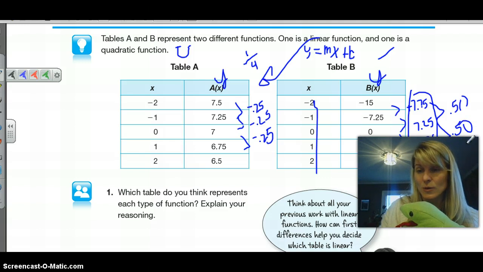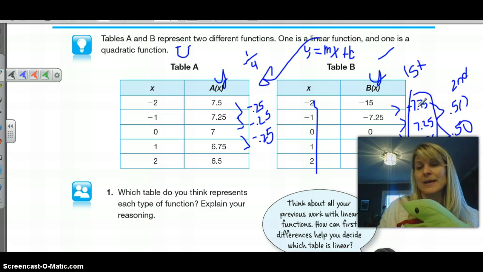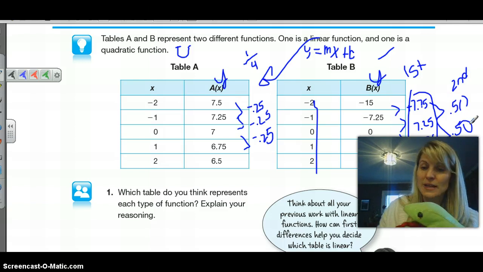So now our differences are the same. So the first difference was a different amount each time, but the second difference was the same. And that happens with all quadratic functions. If you take the difference of the difference, and it is the same, this is the second difference. It tells you it is a quadratic function.